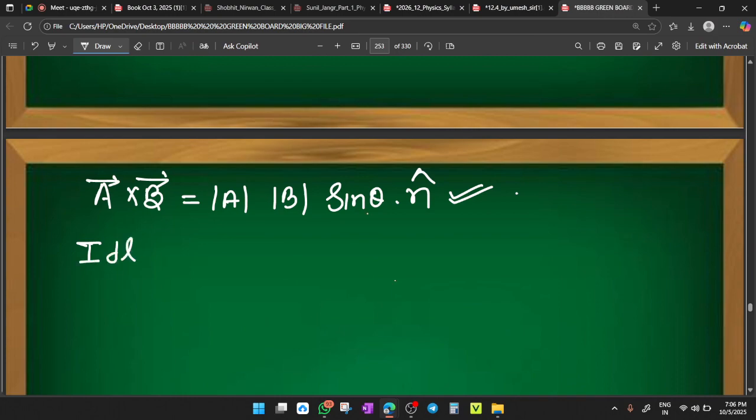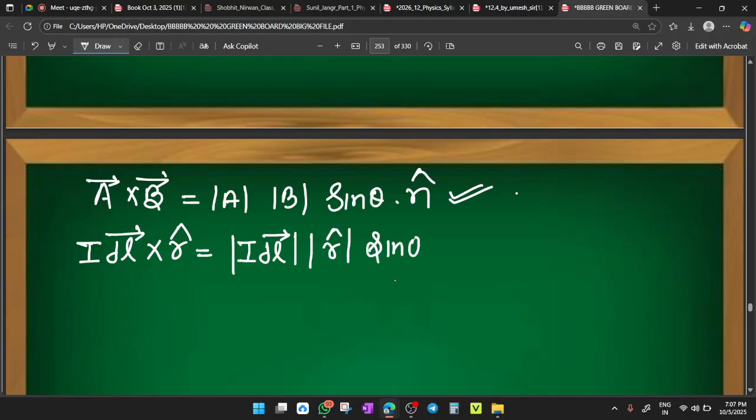No, no, it is in physics, class 11th, chapter number 2, motion in plane. It was there. Okay. So I dl cross r cap equals to first vector. The magnitude of the first vector becomes I dl, and the magnitude of the second vector, r cap, is 1.